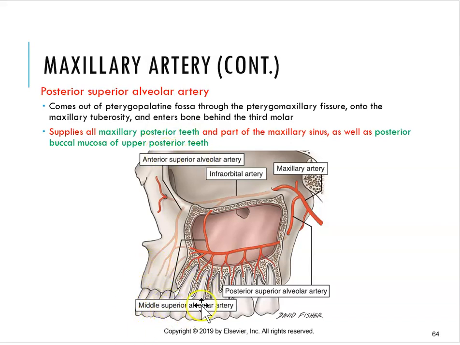If I wanted to numb the premolar teeth, this one has to be affected. And if I wanted to numb the very back teeth, then the posterior superior alveolar artery has to be hit. If you think about it, it makes sense, right? Anterior superior alveolar artery means anterior teeth. Middle refers to the middle teeth, the premolars, and posterior refers to the back molars.